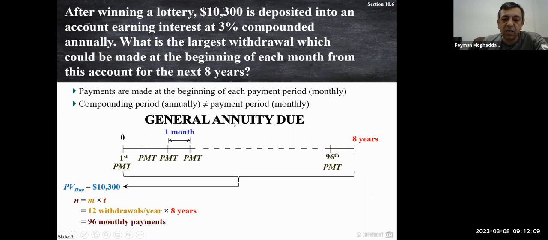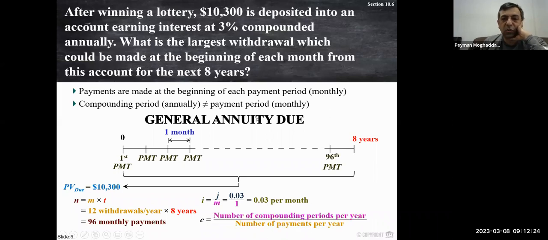So I is 0.03 per year. Then C. C is the compounding frequency, which is 1 because it's compounded annually, divided by the number of payments per year.